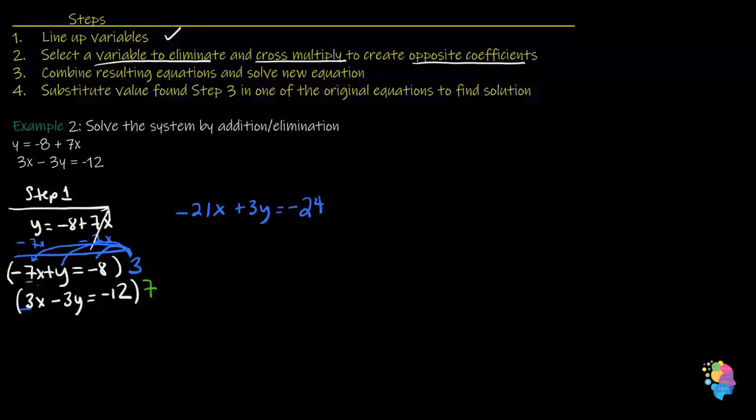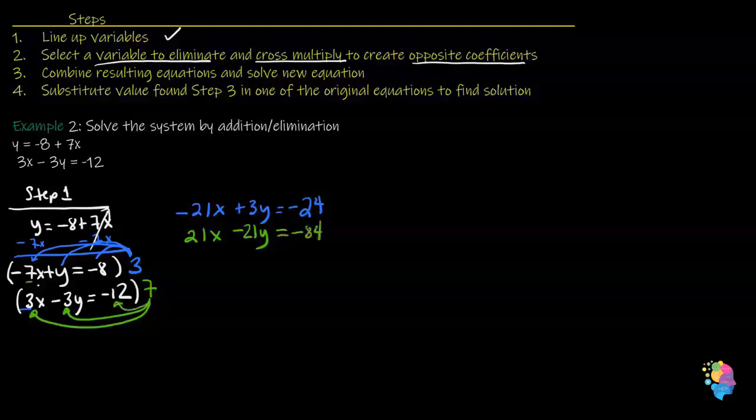Then we move to the second, 7 times 3, that would be 21x, 7 times minus 3, that would be negative 21y, don't lose the equal sign, and then 7 times negative 12, that would be negative 84. So we just finished here, step 2.